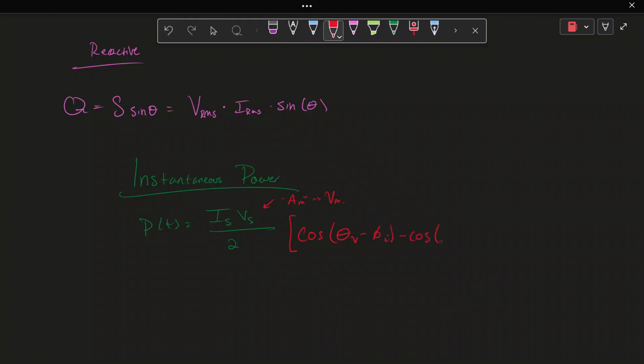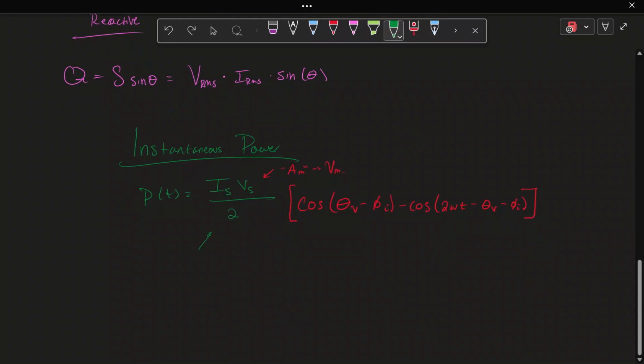Minus cosine of 2 omega t minus theta V minus phi I. Now you see how there's a little bit extra stuff here with this minus cosine of this 2 omega t. This is another extra part. I'm not going to get into it.